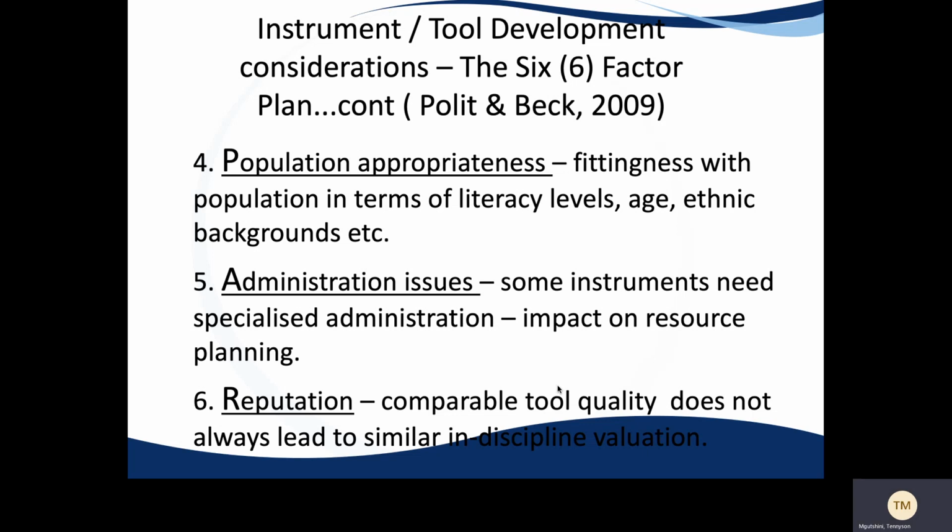The next are things to do with administration issues. Some instruments need specialized administration, and you have to then think about the impact of that on resource planning. The final consideration is reputation.